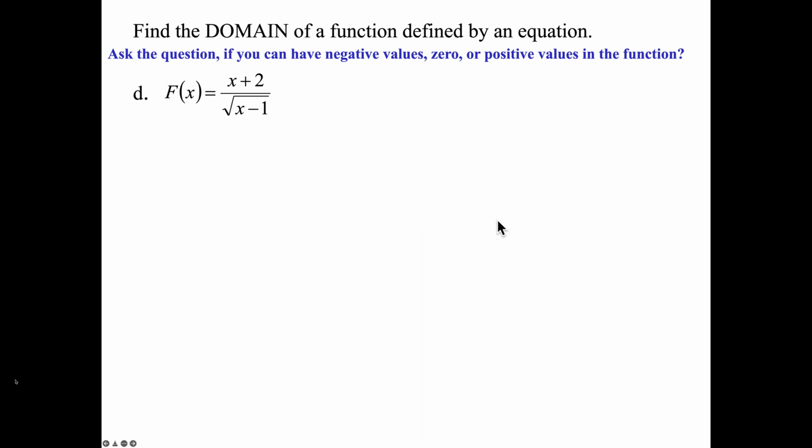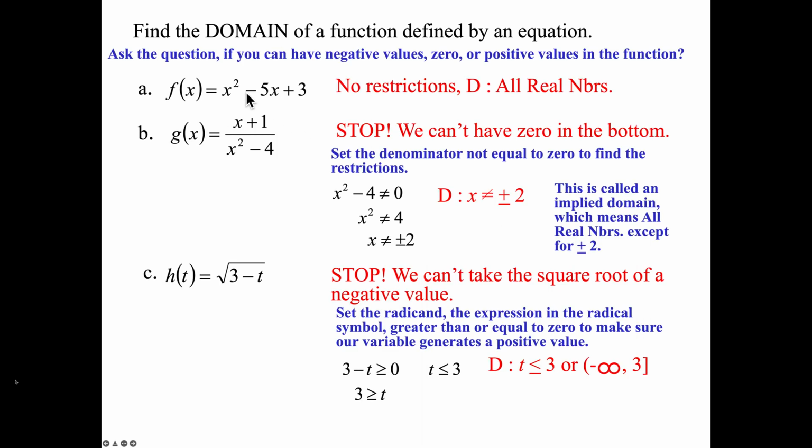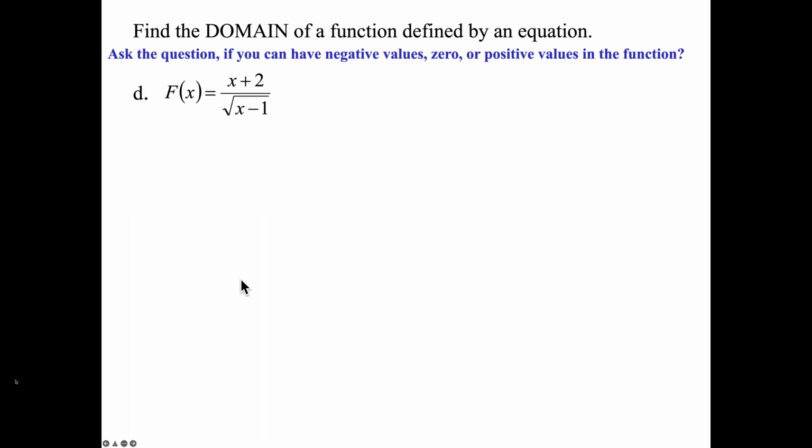All right, part D. Another fraction. Fraction has a restriction. Square roots have a restriction. This is going to have two restrictions because you can clearly see I've got a division, so my denominator can't be equal to 0, and I have a square root.